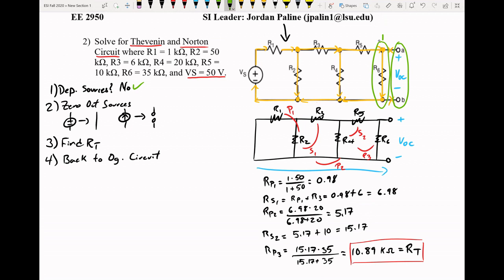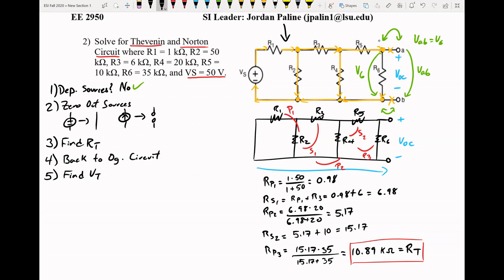Those two points are the same there and there. So if I can find the drop across R6, this will be V6, that will be the same drop across VAB. So VAB is equal to V6. All right. So now, step five, find V Thevenin. We've got a couple ways of doing this.